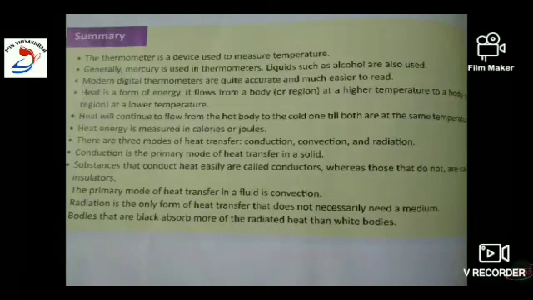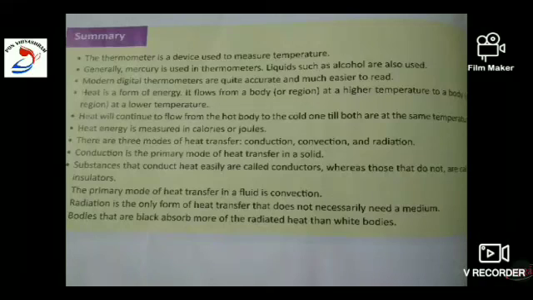Here you have the summary of this chapter. Thermometer is a device used to measure temperature. Thermo means heat. Meter is a measuring device. Generally, mercury is used in thermometers. Liquids such as alcohol are also used. This alcoholic thermometer is used in very cold climates. This I forgot to tell you in the previous session.